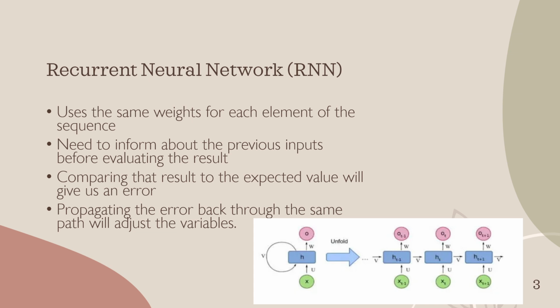Third is comparing that result to the expected value, which will give us an error, and fourth is propagating the error back through the same path to adjust the variables. So all these points can be explained through the diagram. Hence we move further in our presentation.